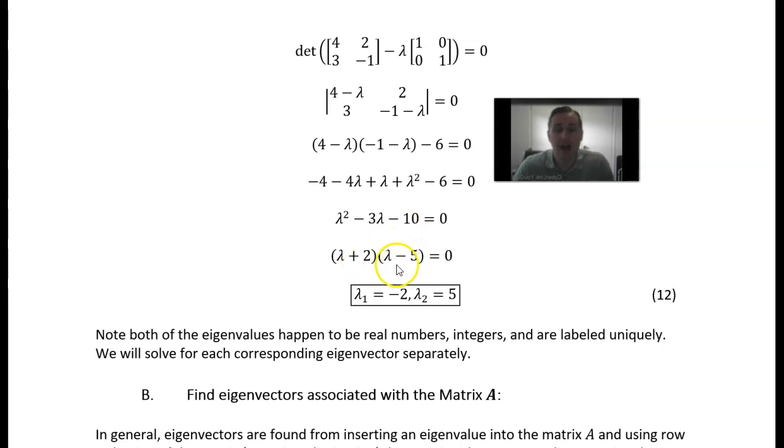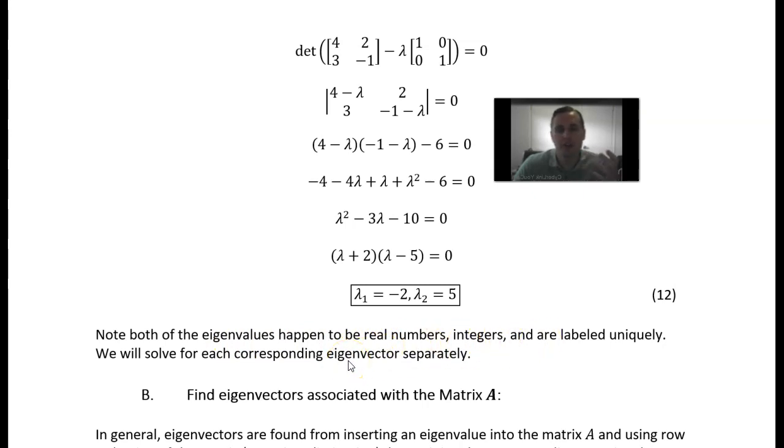And this can factor to lambda plus 2 times lambda minus 5, by saying that two factors of negative 10 are positive 2 and negative 5 that also add up to negative 3. So we get lambda 1, as I'll label it, is negative 2, and then lambda 2 is equal to 5. So these are both eigenvalues that happen to be real numbers, they happen to be integers, and they are unique.